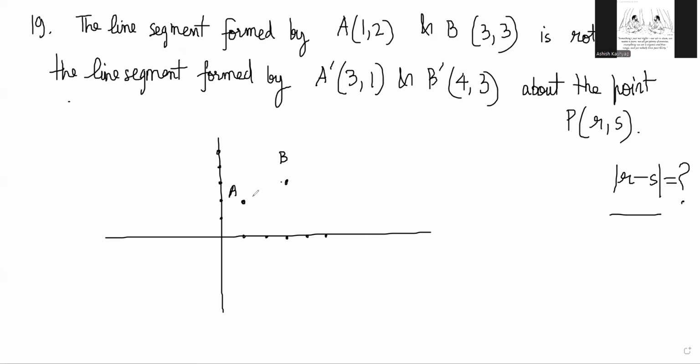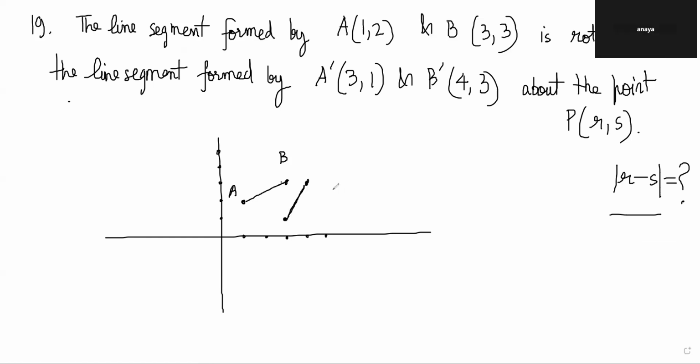This is my B. This is my initial line segment, which is rotated to form a new line segment from A dash 3 comma 1 to B dash 4 comma 3. 4 comma 3 is somewhere here, right?